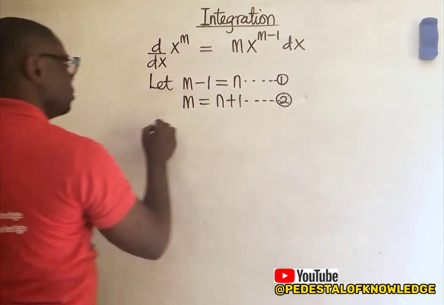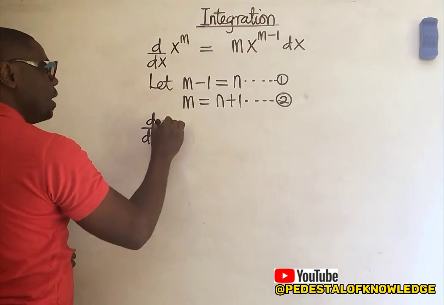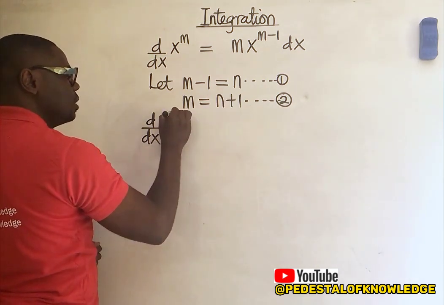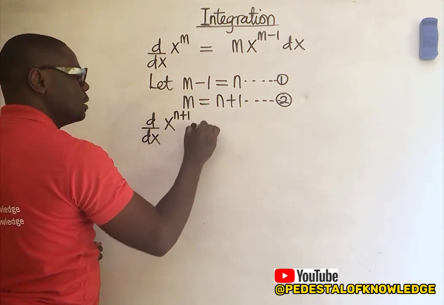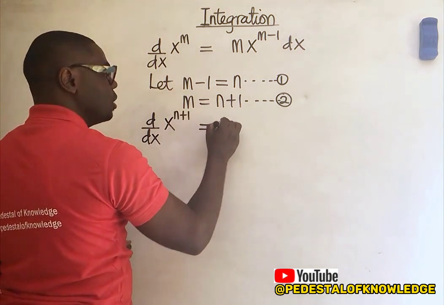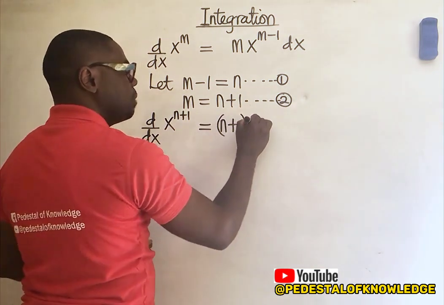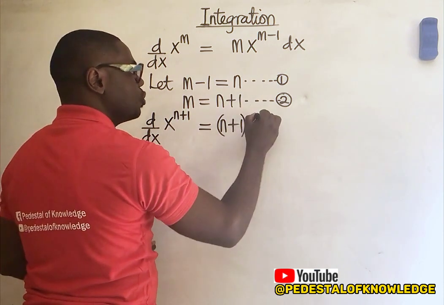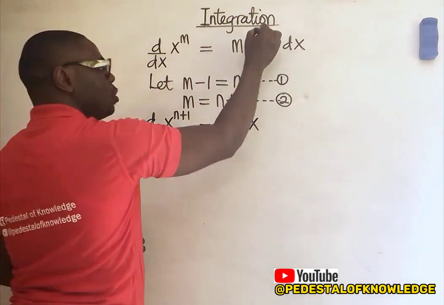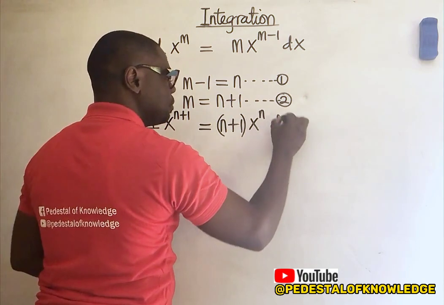So this equation becomes the derivative, d/dx, of x raised to power n plus 1, which is equal to n plus 1 multiplied by x raised to power, remember that in equation 1, m minus 1 is equal to n, so we have x raised to power n.